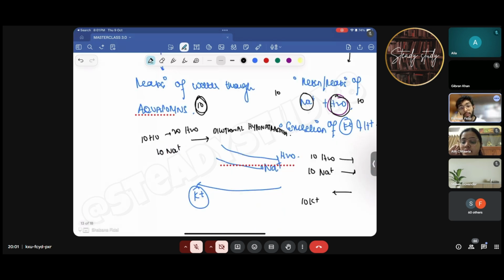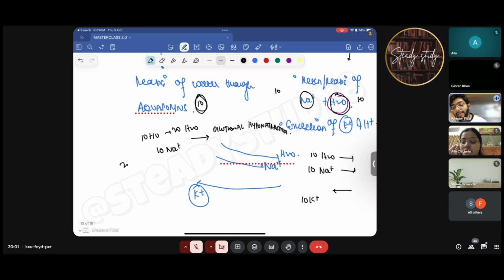So now what happened? I have 20 molecules of water, but only 10 molecules of sodium. So this in itself is a dilutional hyponatremia, right? It's like I have one lemon and one glass of water. I squeeze the lemon in one glass of water, and I have a very tasty drink. Now I put the same one lemon in three glasses of water.